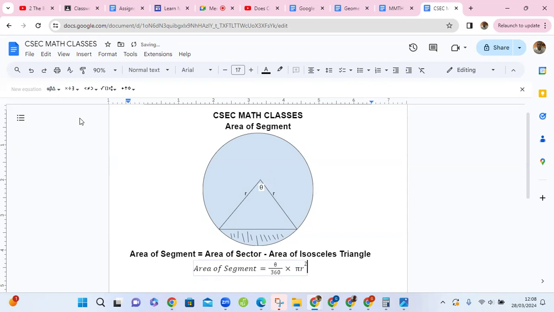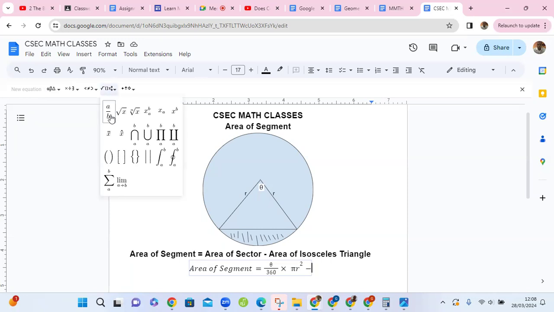R is the radius of the circle from center to edge, minus the area of the triangle. The triangle is an isosceles triangle. Using the formula for the area of a triangle, half AB sine C, where A and B are two sides and C is the angle between those two sides, our two sides are the radius.